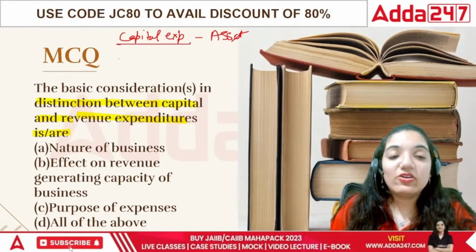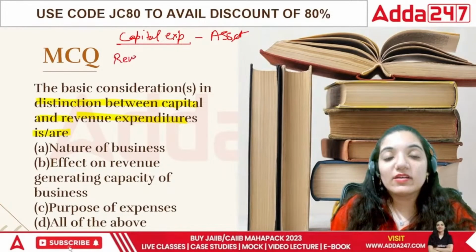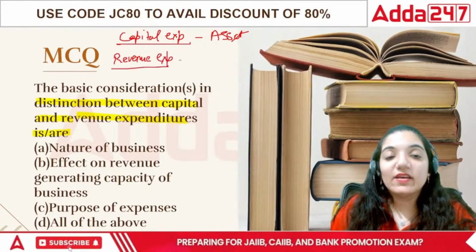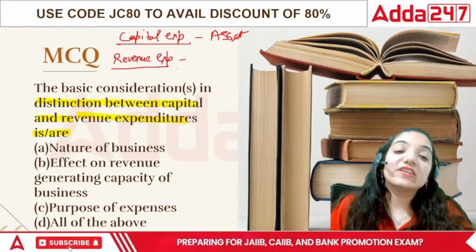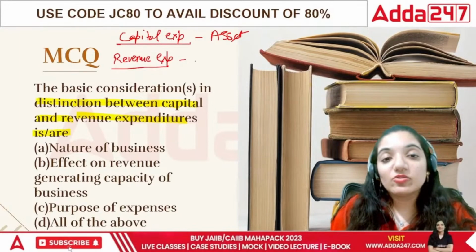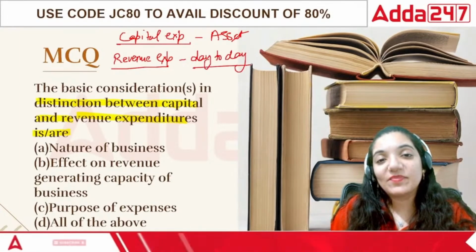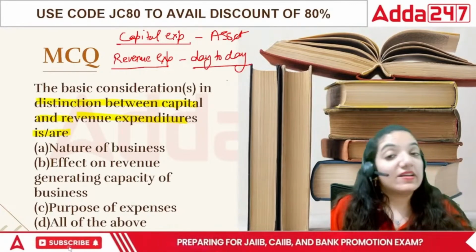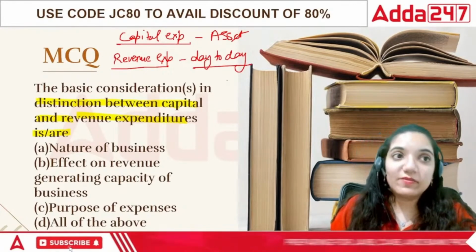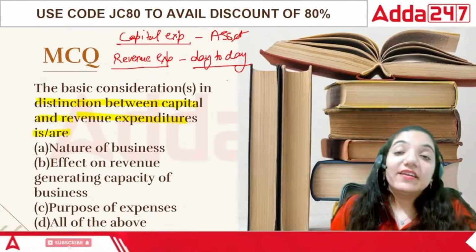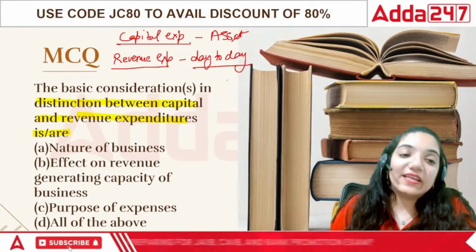While revenue expenditures are those expenditures which are incurred to maintain the day-to-day expenses. So the first part is capital expenditure, which is done on the basis of the assets that are required in the business, and day-to-day expenses are incurred to maintain the business.